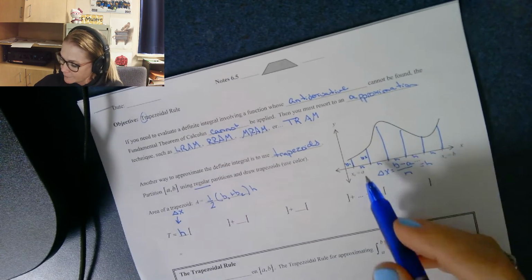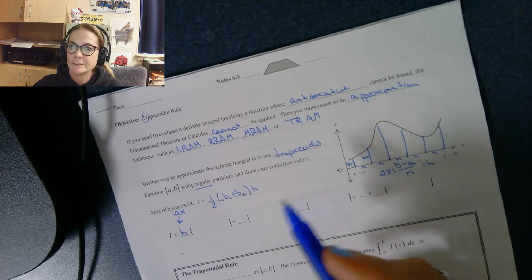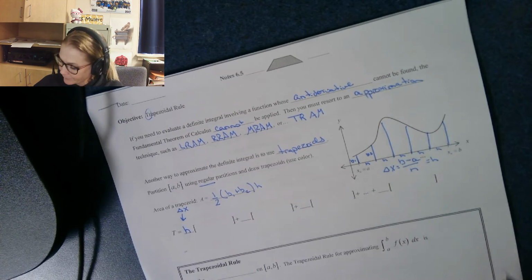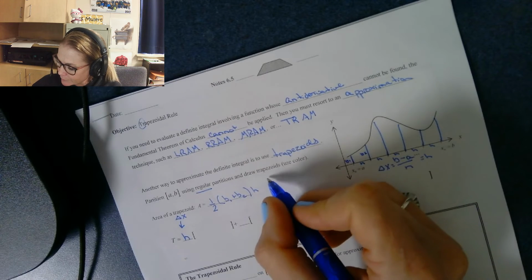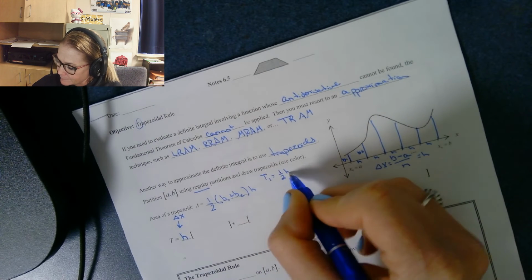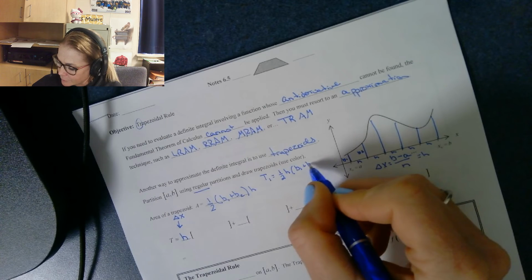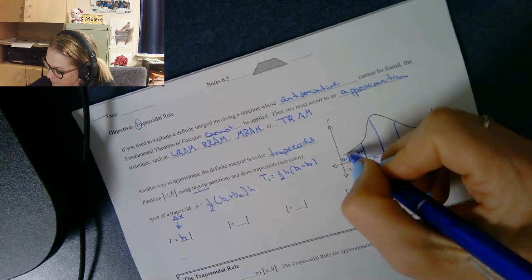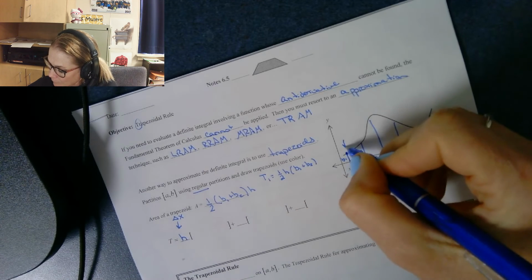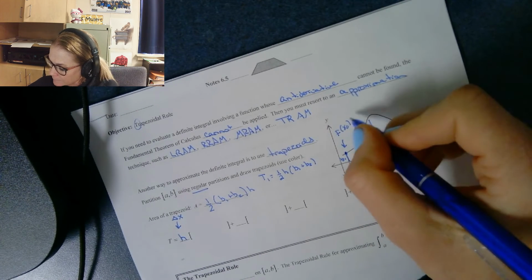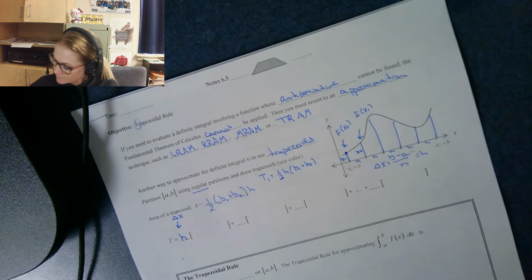The first trapezoid is going to have an area. Let's just do the first trapezoid right here. Trapezoid 1 is going to have one half height times base 1 plus base 2. What are my bases going to be? This will be f of x sub 0, and this will be f of x sub 1.